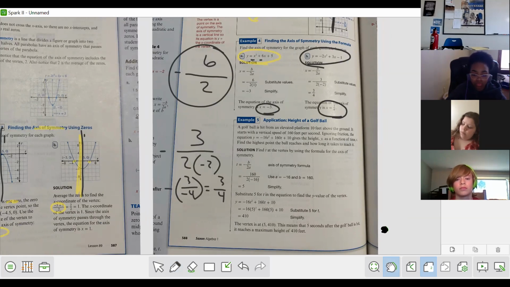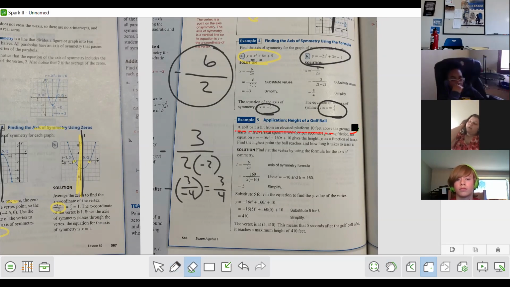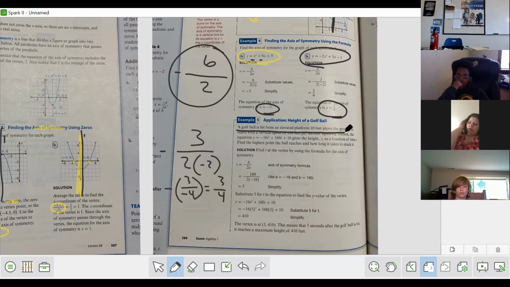For instance, and we're not going to actually do this, but the path that a ball takes with gravity is in the form of a parabola. Whenever you're talking about gravity and the way it affects a flying ball in motion, it actually is in the form of a parabola. And they make equations to figure out where the path is going to go.